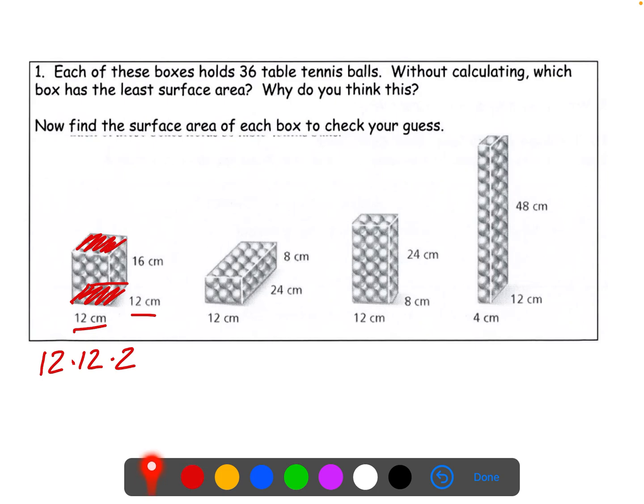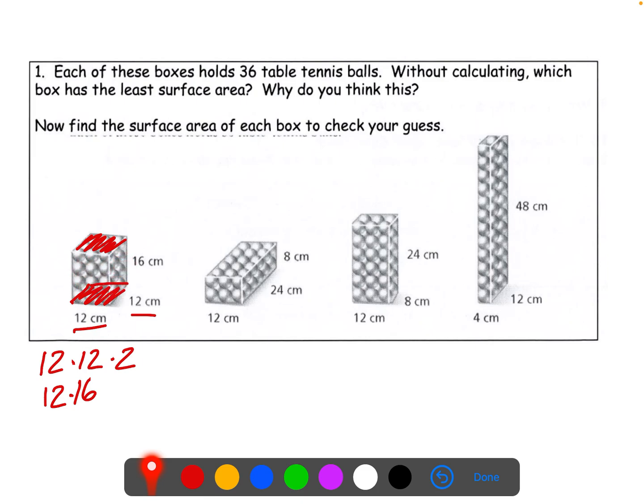And then, because our base is a square, all of the sides are going to have one measurement that's 12, whether it's here, here, on the left, or on the back. And it's always going to be 16 centimeters tall. So 12 times 16 would be the other measurement that I would do for these faces on the side. And then I just need to know how many there are.